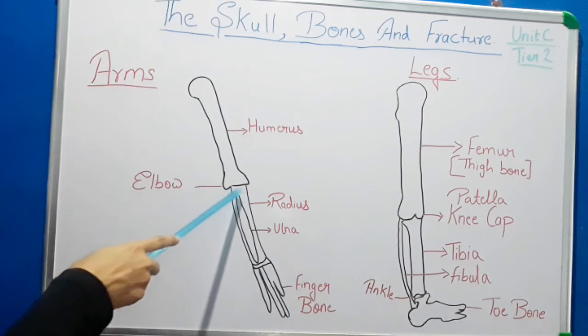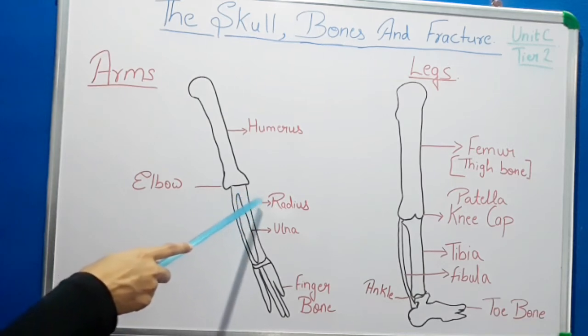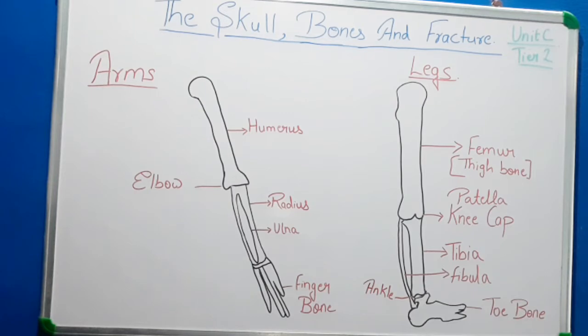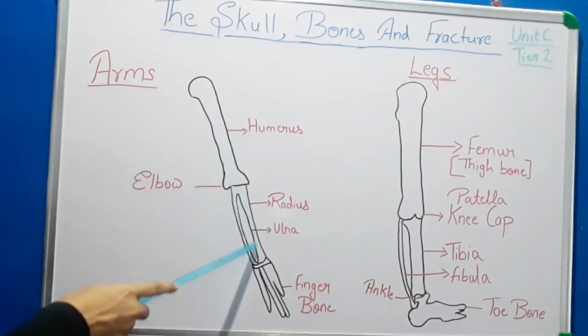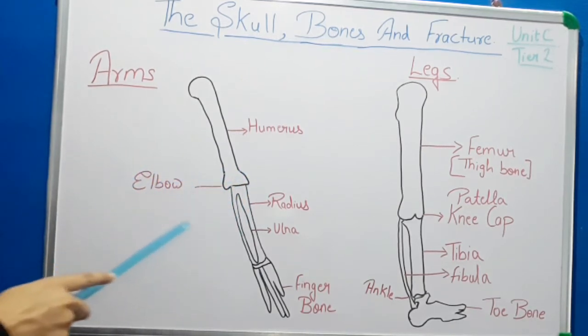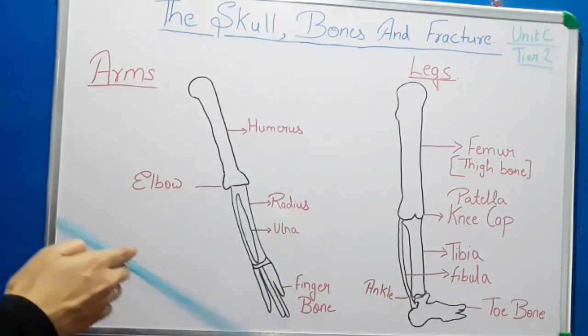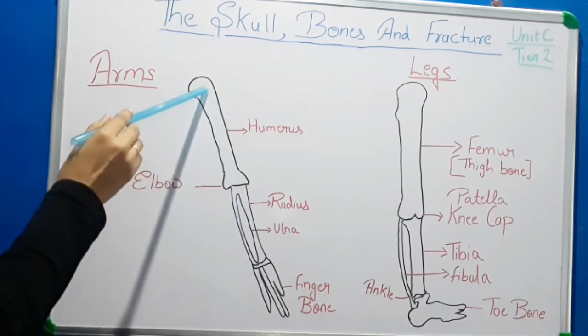The lower arm has two bones. See, these are the two bones: this bone is called the radius and this bone is called the ulna. The upper arm and the lower arm are joined through the elbow. This part is called the elbow.